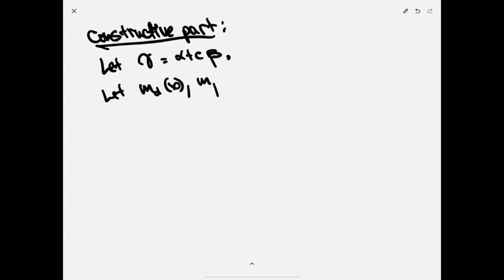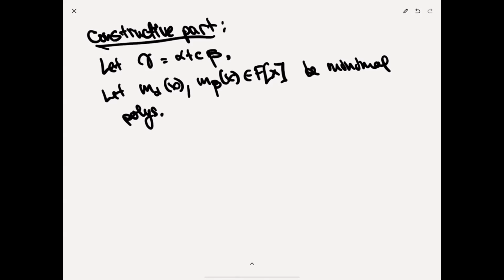Okay, so what we're going to do is let gamma be alpha plus C beta for some unknown C. And we're going to let M alpha and M beta be the minimal polynomials for alpha and beta.